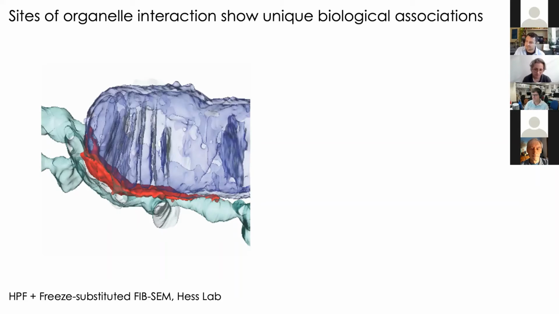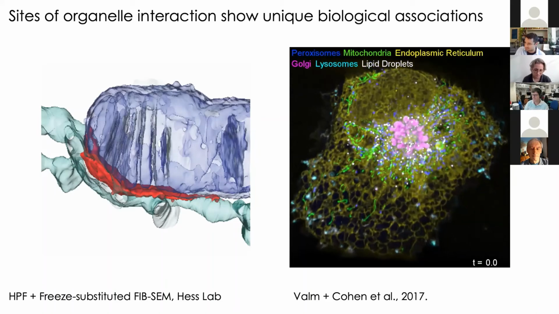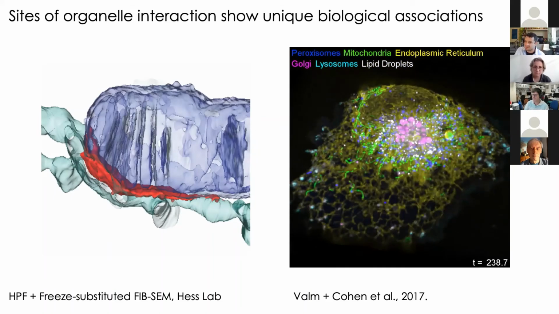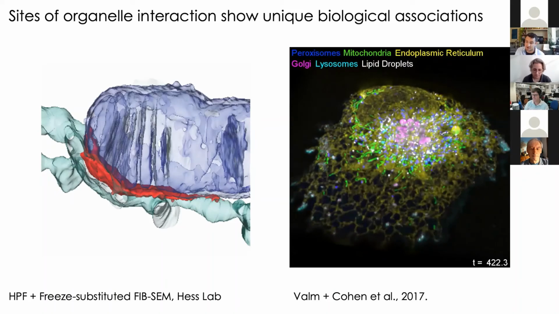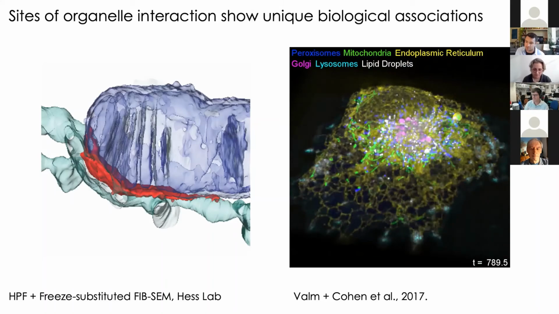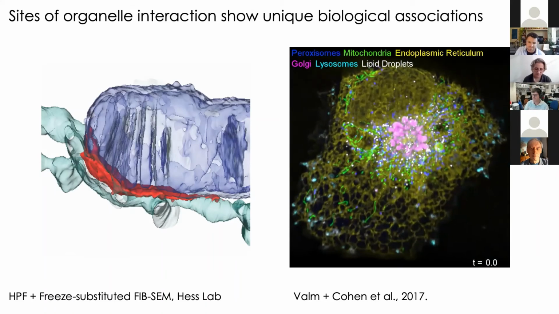So if this gives us some sense of what this interface looks like, it would probably be beneficial to understand something about the biological specificity with which this is executed. But whatever that specificity is, it must be incredibly dynamic, because our lab and others have published a number of papers over the last 5 years showing that contact sites between organelles are extremely dynamic in cells and can be broken or formed with timescales of just a few seconds.